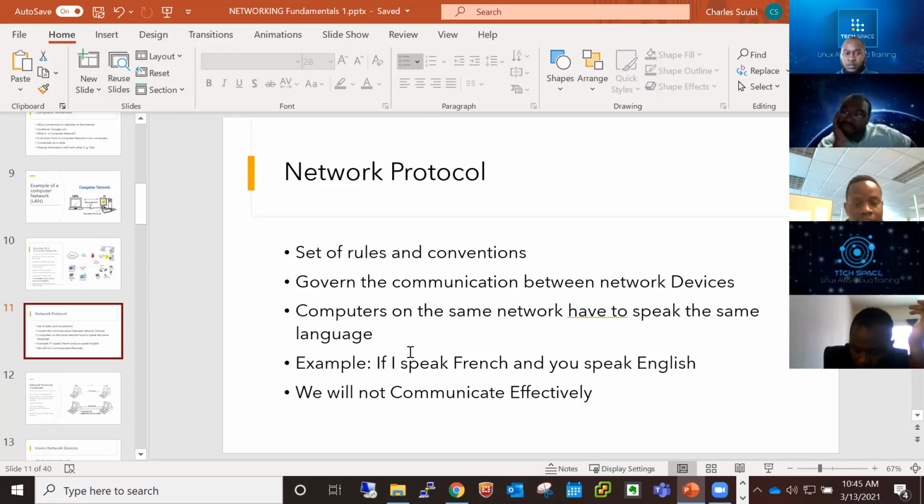Just imagine you're speaking French to me and I was responding in English. Guys, that wouldn't be effective. But since right now, I'm communicating in English and you guys understand what I'm communicating because we are using the same language. We're using the same protocol. We're using the same set of rules, which is this grammar that I'm using to communicate with you guys.